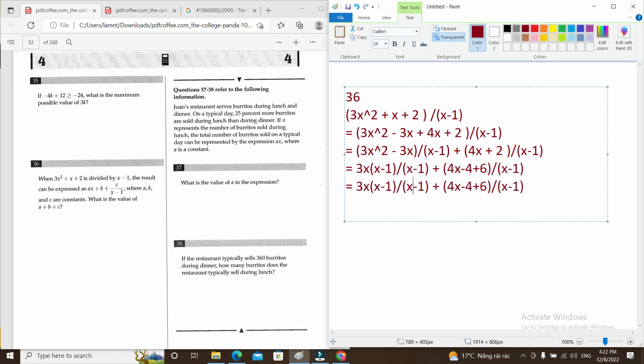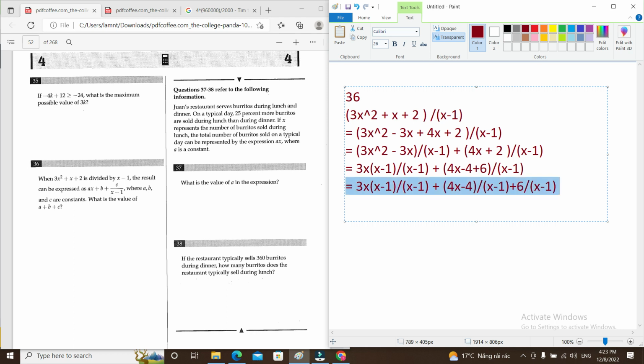This side we keep the same. On this side 4x minus 4 is divisible by x minus 1, so we separate it out, and the last part is only 6 divided by x minus 1.